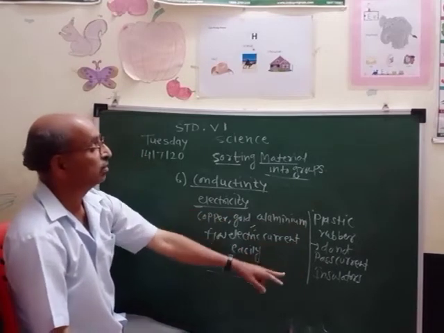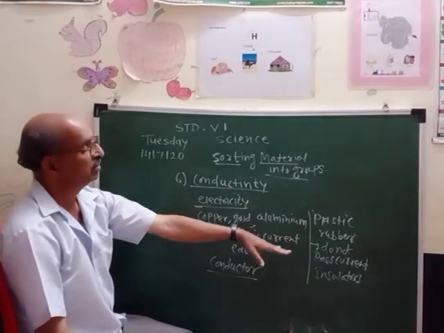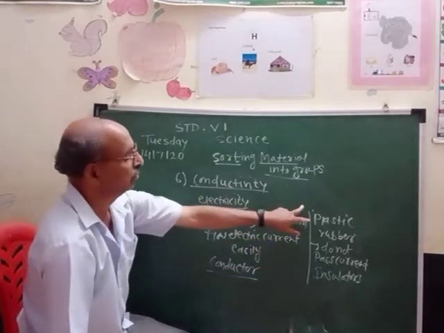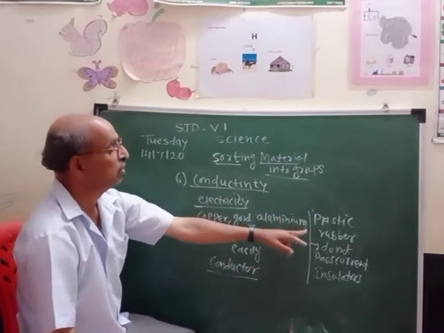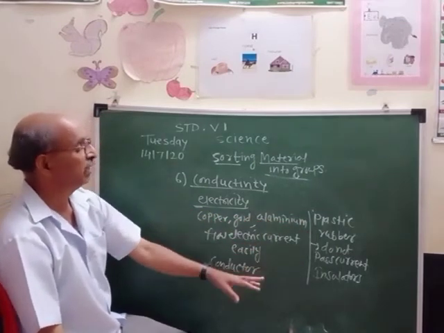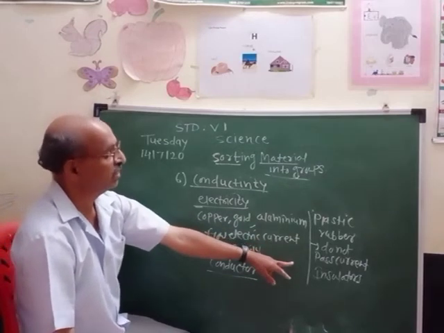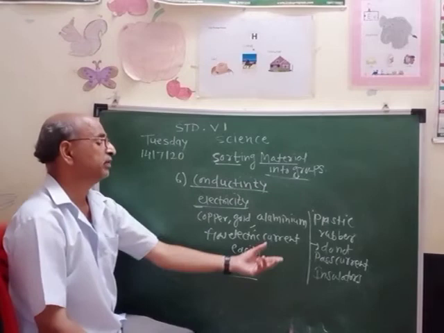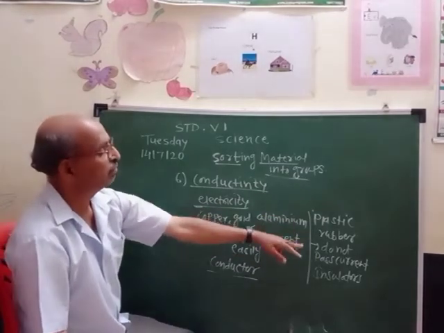So plastic, rubber, wood are insulators. Now you have seen that when an electrician is doing work, he uses a table made of wood, or he uses rubber shoes, because rubber, plastic, wood do not allow the electric current to pass, and that is why we can be saved from electric shock. That is why electric wires are covered with plastic or rubber.